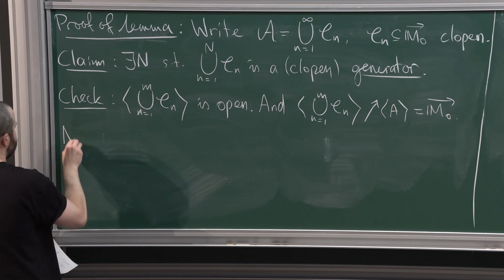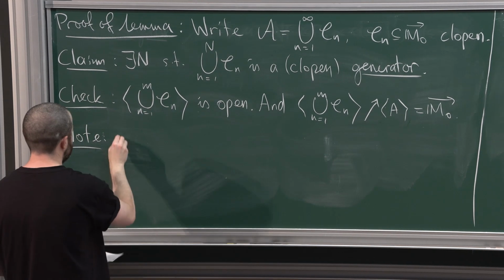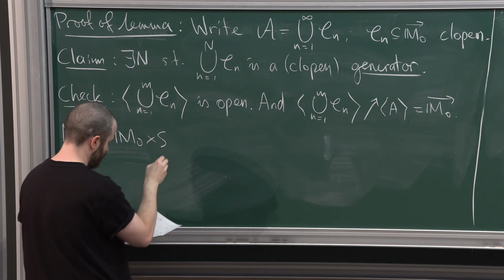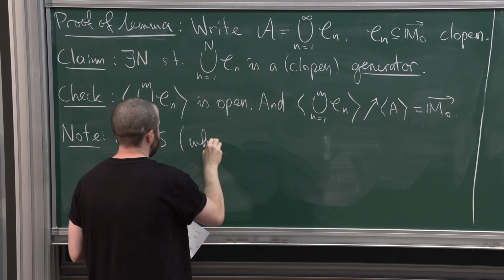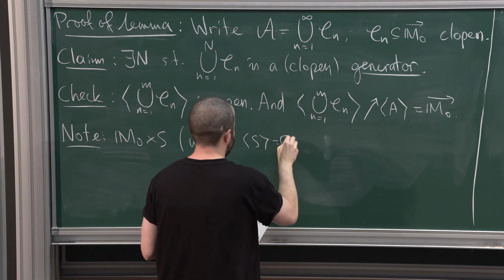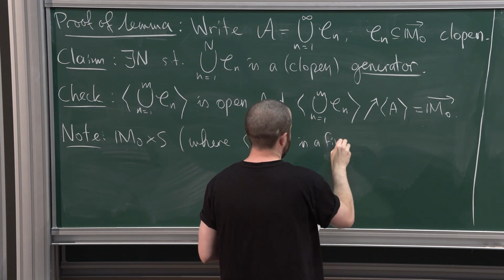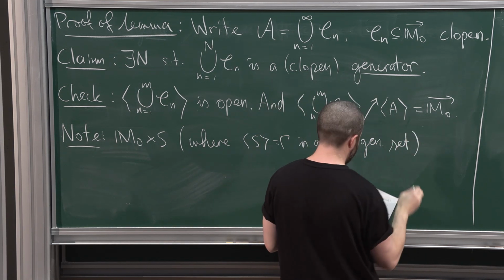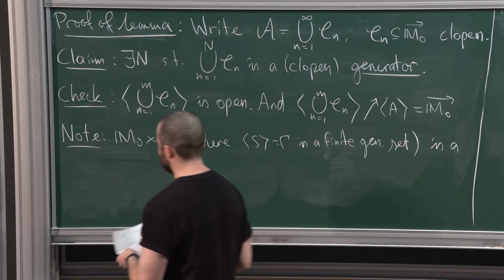Okay, now compactness comes in. This is what I say when I say this proof is mysterious. I want you to note that M0 times S, where S is, as usual, my finite generating set, is a compact generator.